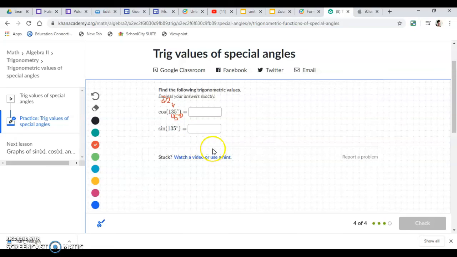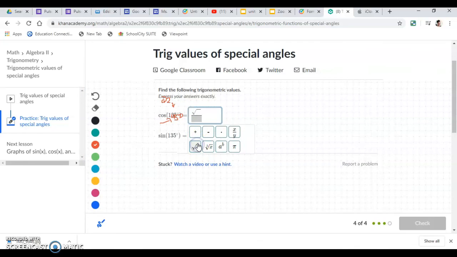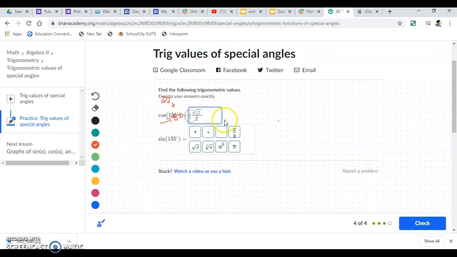So I'm just thinking about the sine and cosine of this reference angle, or 45 degrees. 45 degrees is pi over 4, so we know this is our easy angle, our radical 2 over 2, for both of them. And then I just got to think about if I'm in quadrant 2, what's positive in quadrant 2? The only thing positive in quadrant 2 is sine. So that means that my cosine is negative.